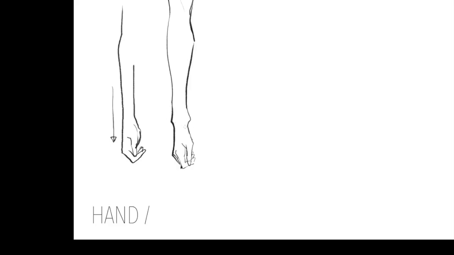The wrist is actually pushing the hand inside, so it's not actually a straight line down. It's pushed in a little bit there, so be careful of that. And when the hand is straight, that's not a very natural pose.